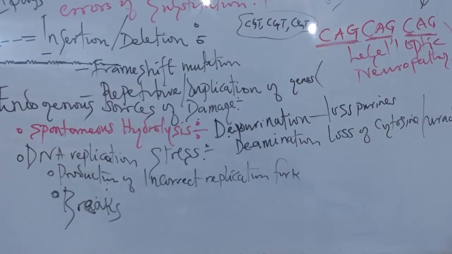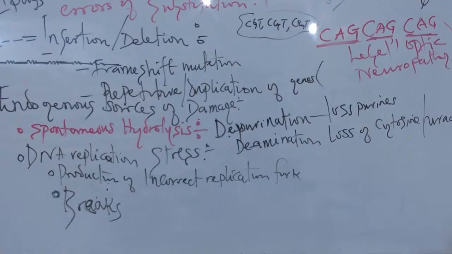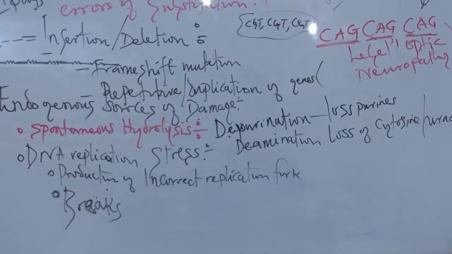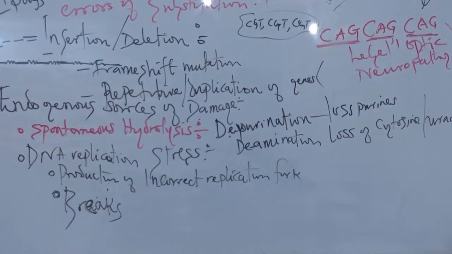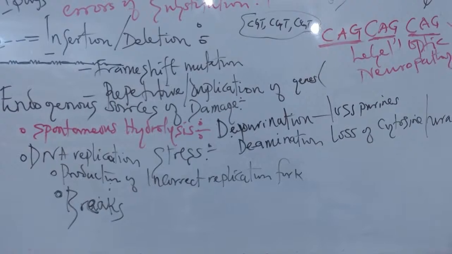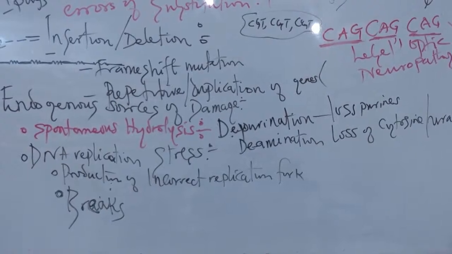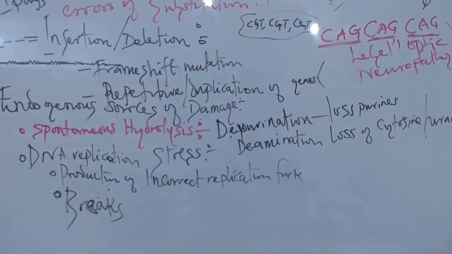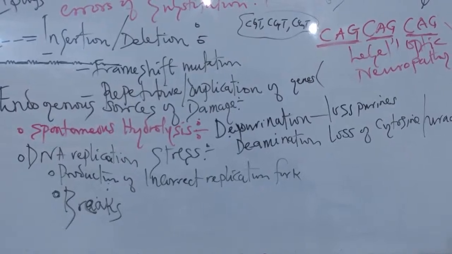The second one is DNA replication stress. After replication, the cell does not take its time to rest. It results in DNA replication stress, which leads to introduction of incorrect replication forks, and also to breaks and saturation.